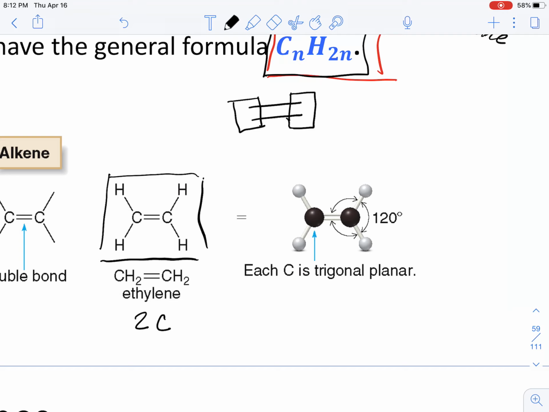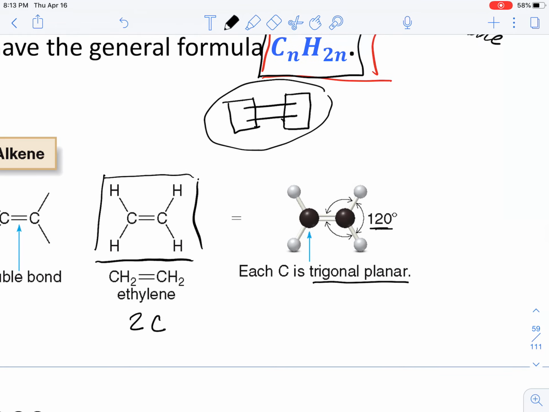If you were to pick that up, bring it to eye level, and rotate it towards the side, it's going to be flat. The reason why is because its electron geometry is trigonal planar. And remember that trigonal planar has a bond angle of 120 degrees on all sides.